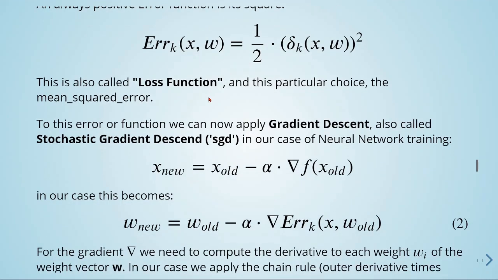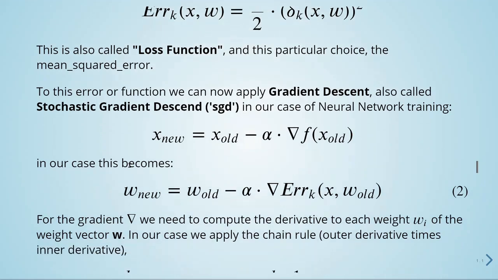So we have x new equals x old minus alpha times the gradient of x old. In our case, it becomes w new, so the weights will be w old minus alpha times the gradient of the error k depending on x and w old.